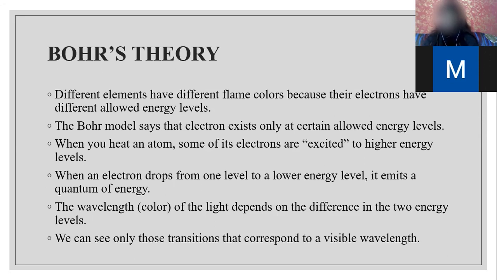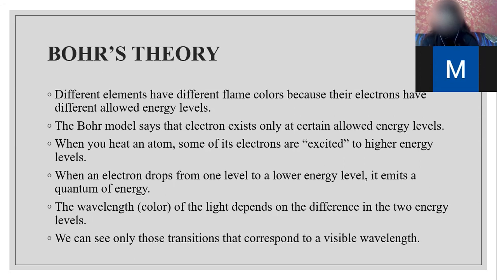When you heat an atom, some of its electrons are excited to higher energy levels. We give them energy, they get excited. From the ground state, they jump into the higher energy levels. When an electron drops from one level to a lower energy level, it emits a quantum of energy. As I have told you earlier, these are the same things. The wavelength or color of the light depends on the difference in the two energy levels.